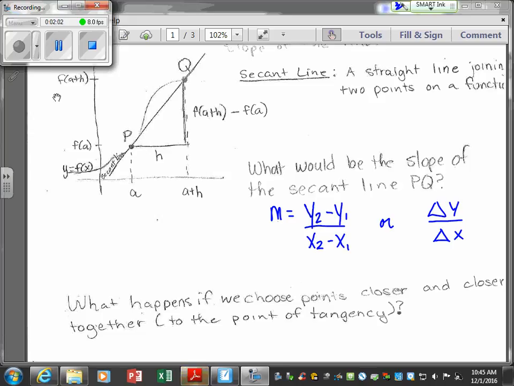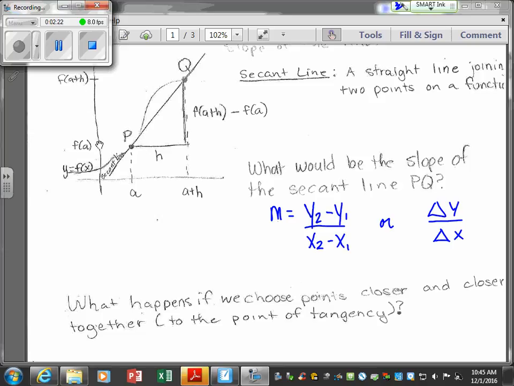So now let's apply what you've known in algebra to this particular graph that we have up here. It's the change in y over the change in x. What's the change in our y values? f of a plus h minus f of a.